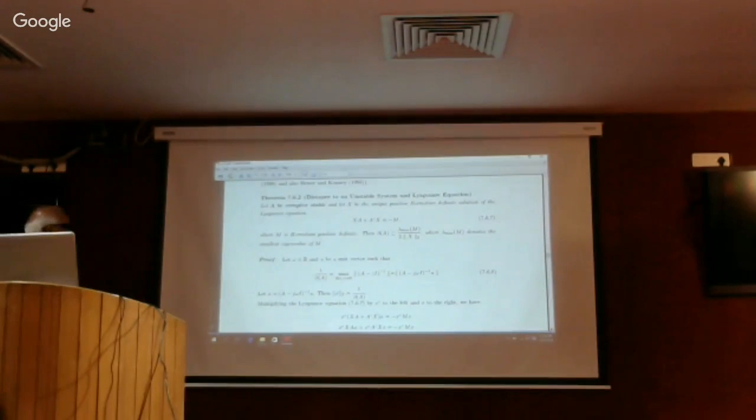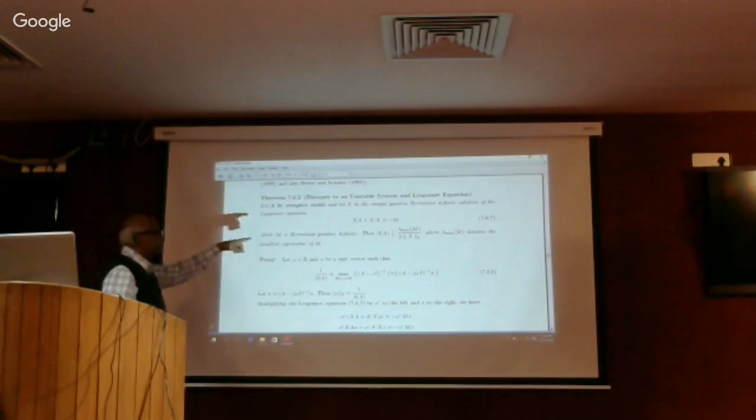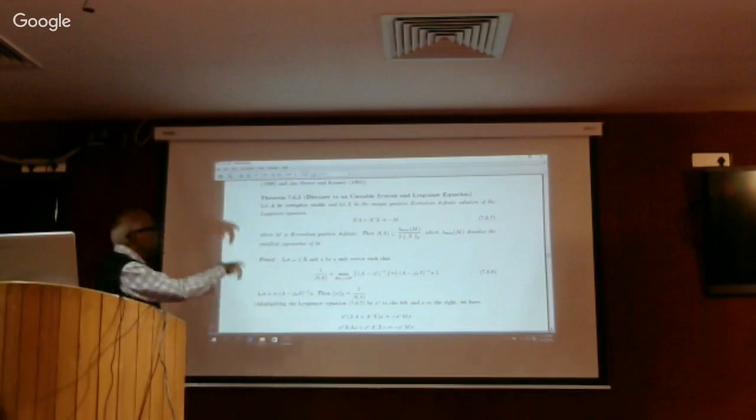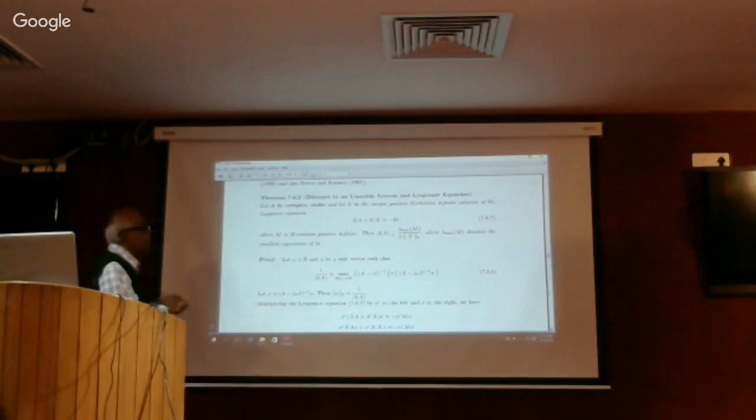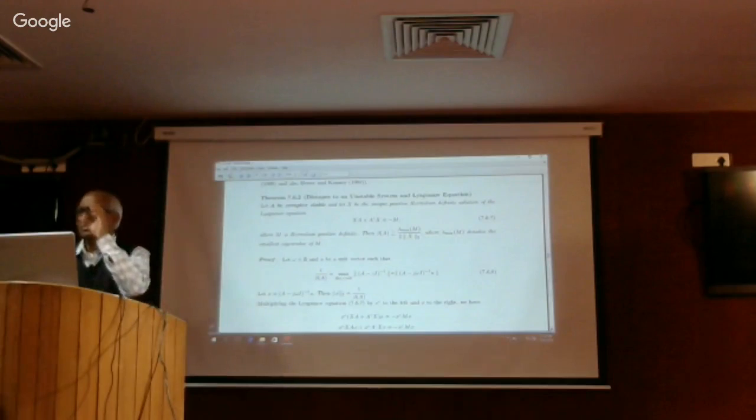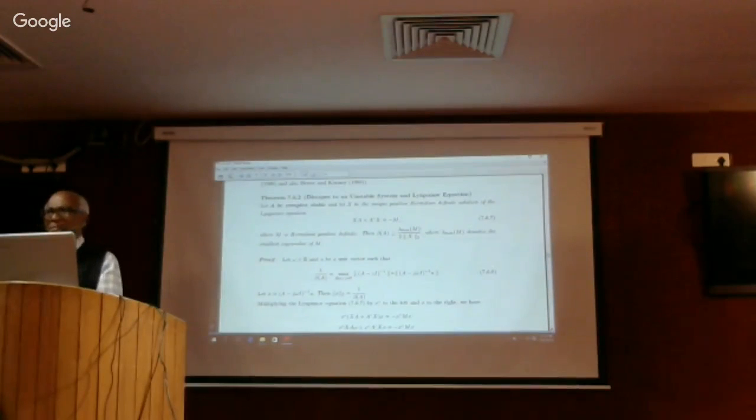Then if you compute this, the number beta A can always be shown to be greater than or equal to lambda min of M. That means lambda min of M denotes the minimum eigenvalue of the matrix M. Since M is positive definite, all its eigenvalues are real and positive.